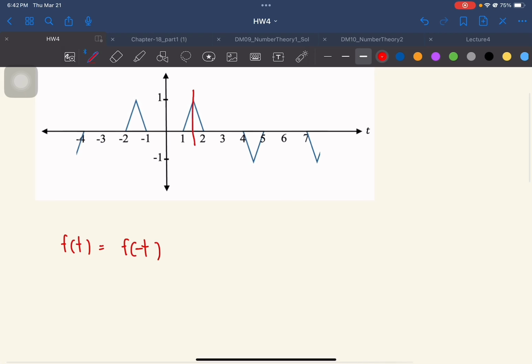I will choose 1.5 and minus 1.5. You will see that at 1.5 is equal to 1, and for minus 1.5 is equal to 1 too, so it's an even function.